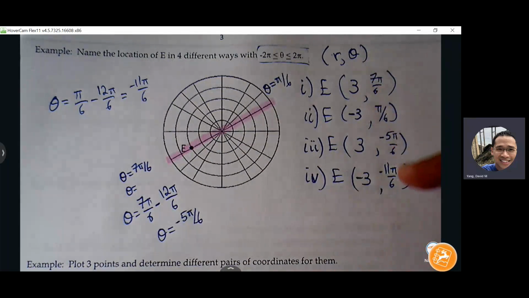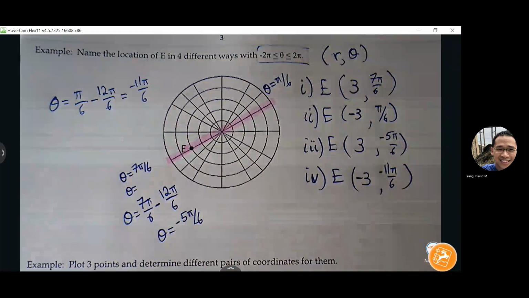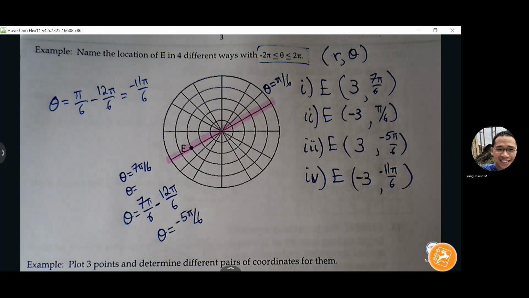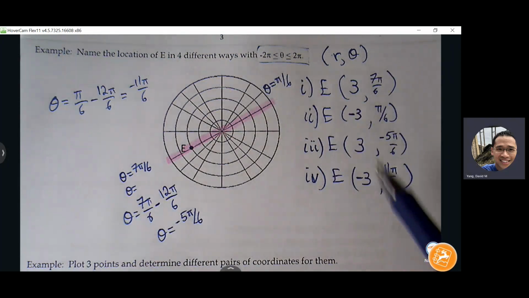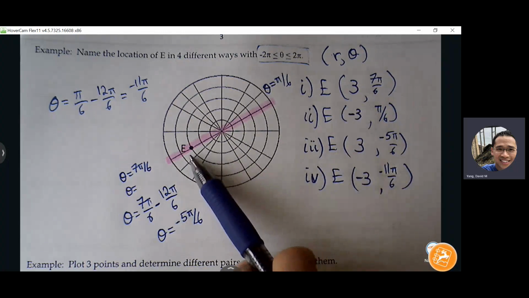So all these will take me to the same point. Okay, any questions there? That's all we're working on today. We're just getting that practice, seeing if we can create different versions of naming the same point.